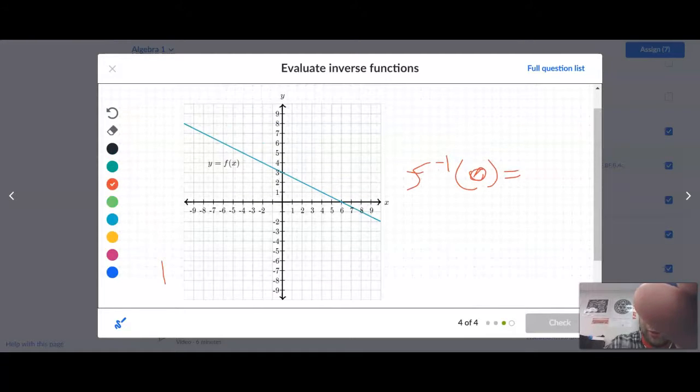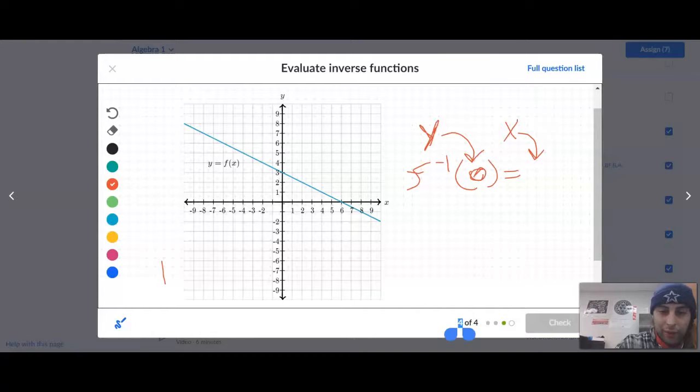So remember, f inverse, that's when the y value is 0, the x value is what? Okay. Inverse means check the y, tell me the x. So the y value is 0. So on this vertical line, 0 is right here.